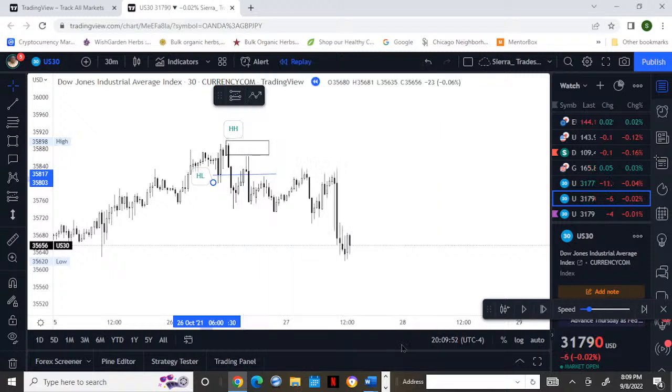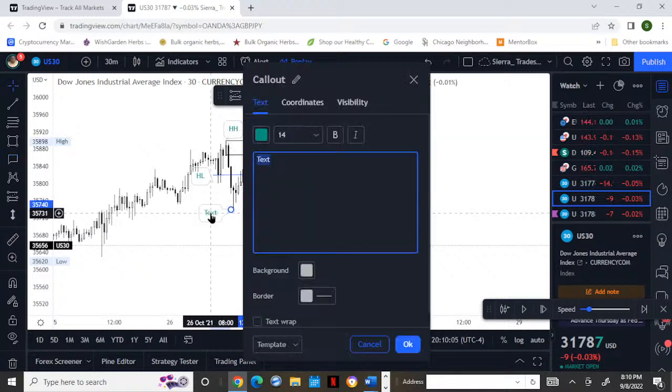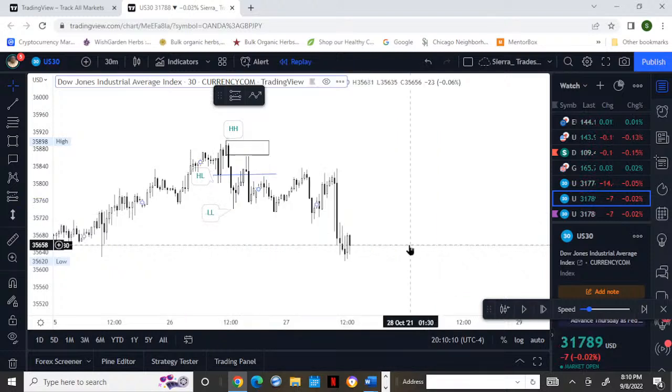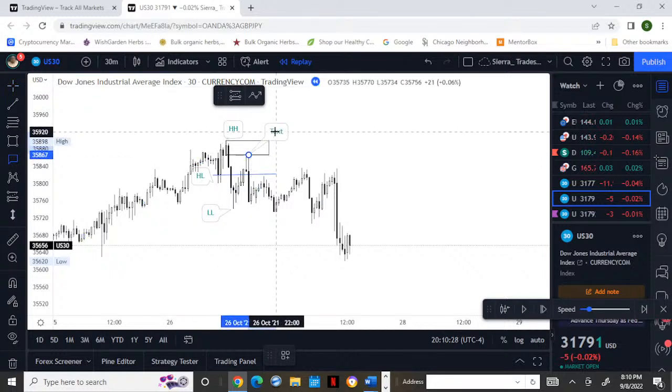This is our last higher low. High, higher low, higher high. We got a higher high. This is our now lower low. This area right here was our lower high.